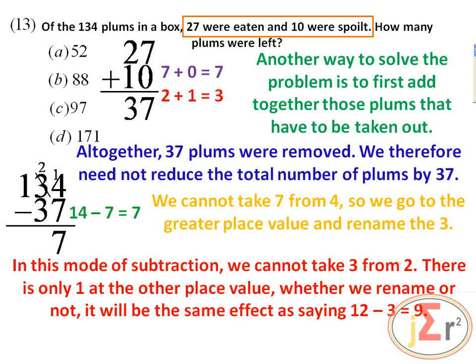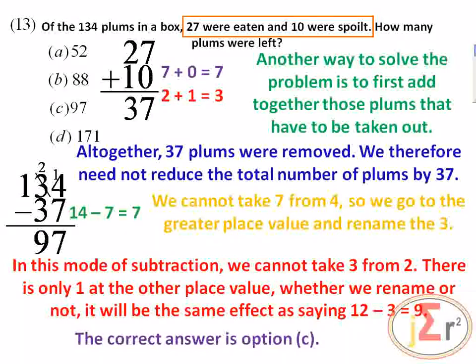There is only 1 at the other place value. Whether we rename or not, it will be the same effect as saying 12 minus 3 is equal to 9. The correct answer is option C, and we realize that is exactly the same as in the previous take on the problem.